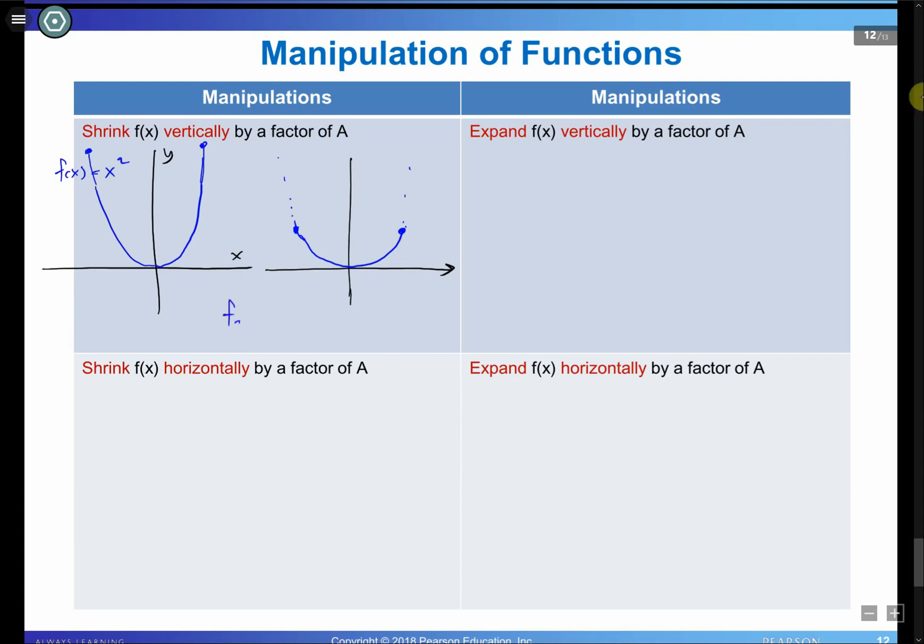So f_s, the new function, equals the old parabola f(x) divided by a. So now everything is going to be smaller because a is greater than 1. Your function is going to be smaller. Make a note here that all function values become smaller.